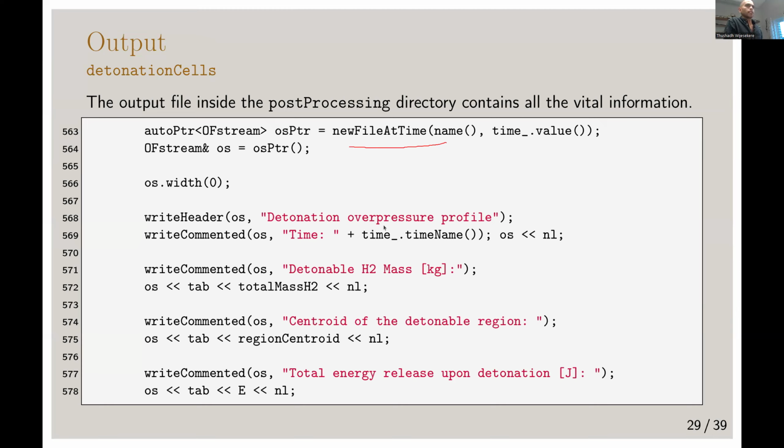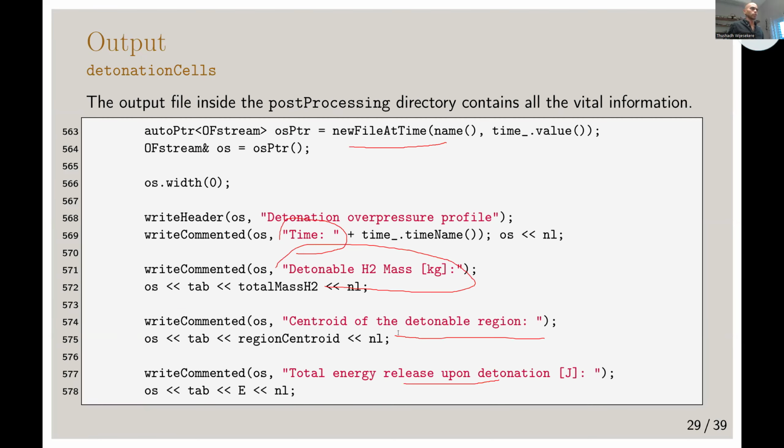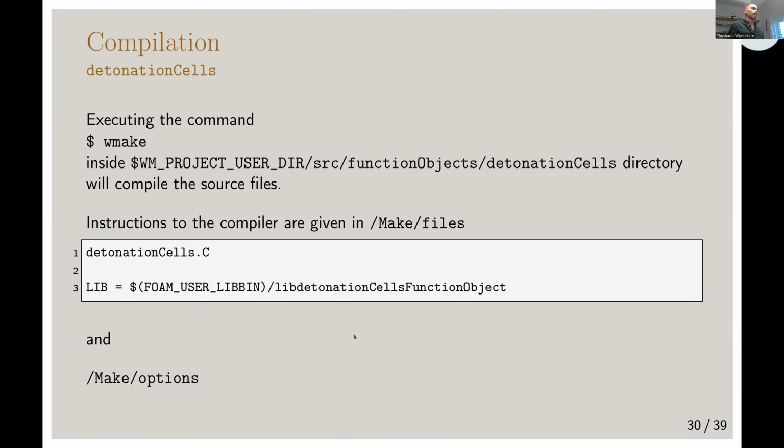And in that file, you should see the corresponding time, how much mass of hydrogen was actually supporting the detonation, and the centroid, and also the total energy release. And after this information, you will also be able to see the overpressure profile in the output file.